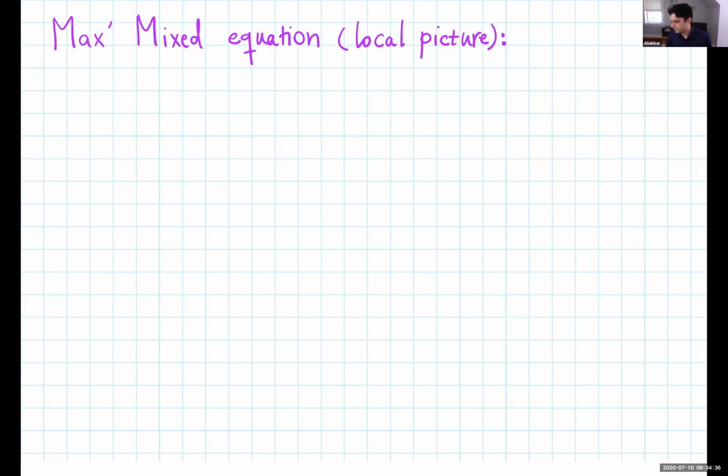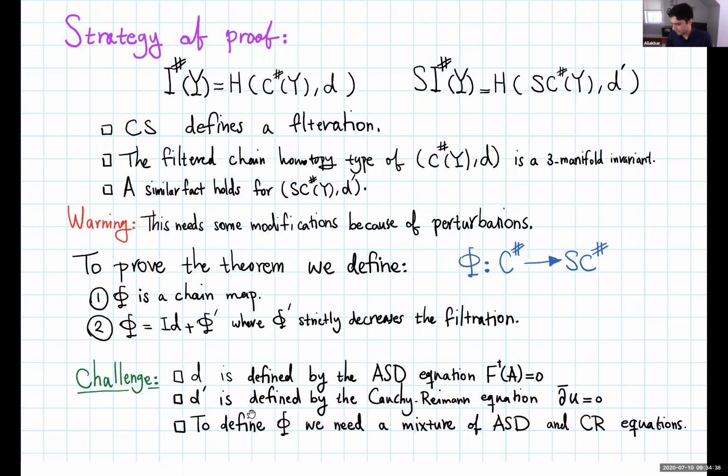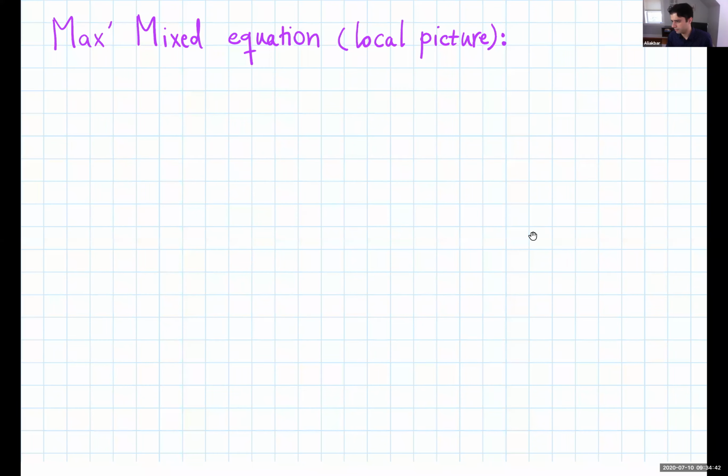The analytical ingredient to define this map was introduced by Max Lipyanskyi, which we're going to call the mixed equation. I'm going to define what I mean by mixed equation here. So you fix some closed oriented surface, possibly disconnected. For example, in our application, it's going to be the union of a genus g Riemann surface and T^2.